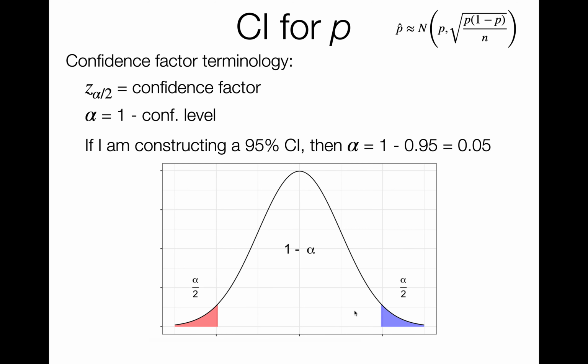Okay, so the white space here would be the 95% inside, and then the red and the blue represent the percent of the distribution that lies outside.